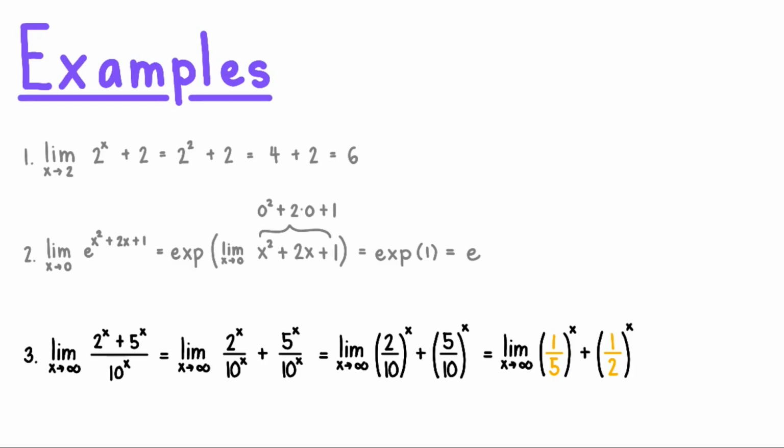And take note that these two are less than 1. So if we recall earlier, the one with the graph, if we have a raised to x, wherein a is between 0 and 1, and as x goes to infinity, what happens to this function? Recall from earlier that this function goes to 0.